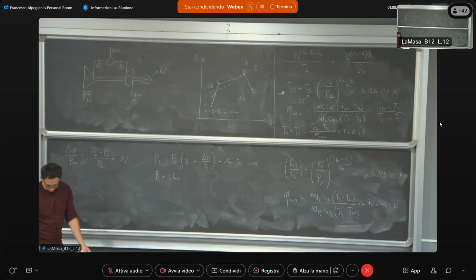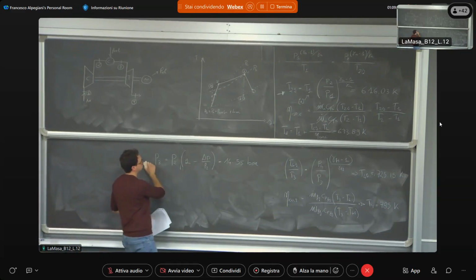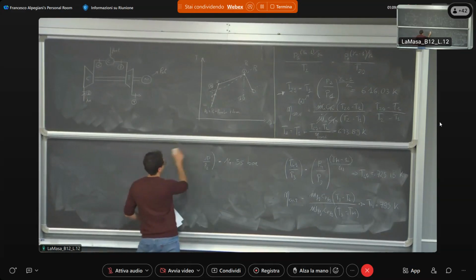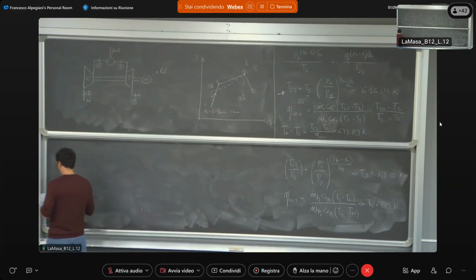So the last point is related to calculating the net electric power output of the gas turbine. To do that, we will do a power balance.